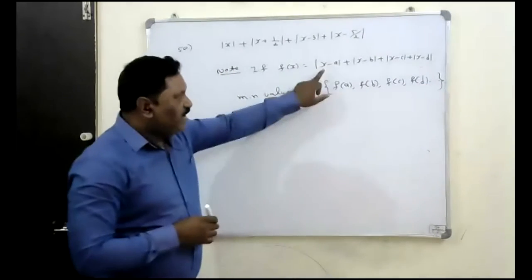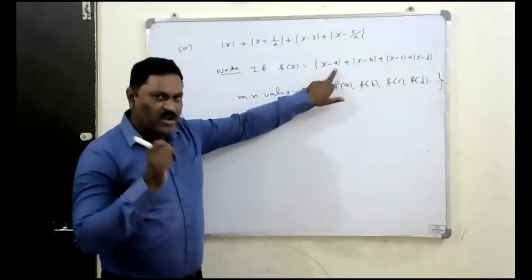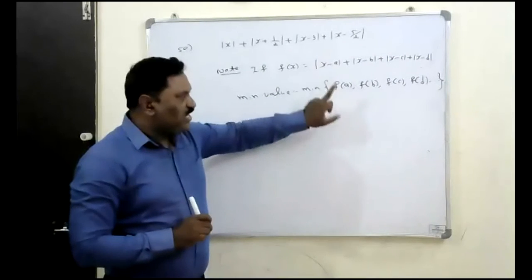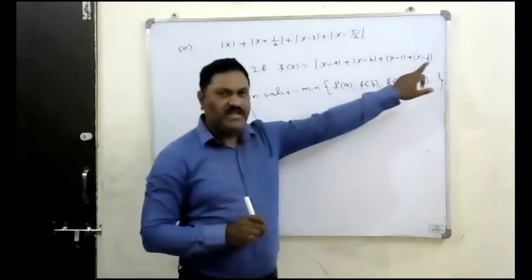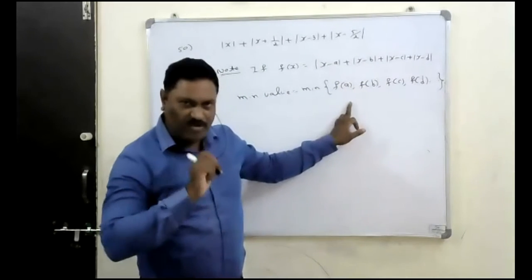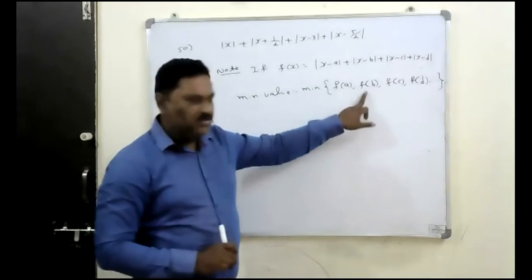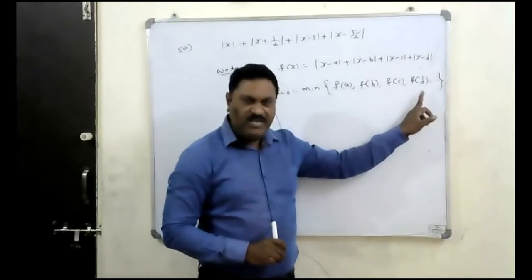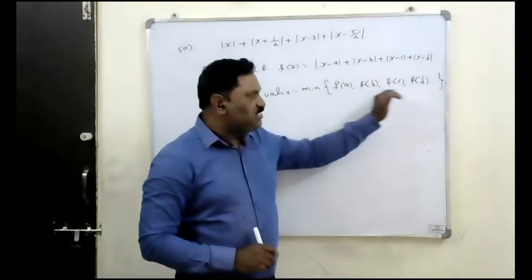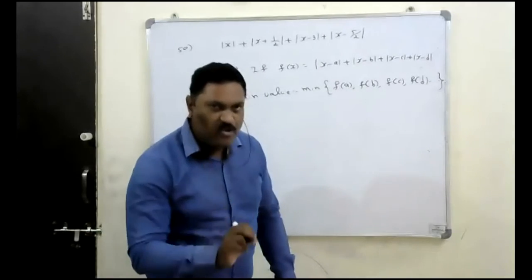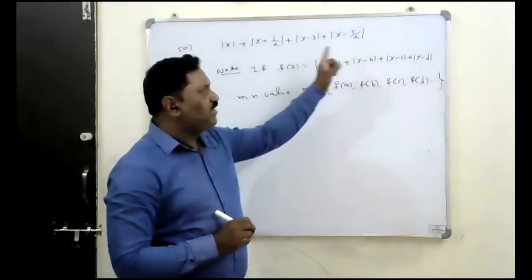First identify the value when x minus a is 0, keep that x equal to a in the entire expression. Whatever value we get is f of a. Similarly, substitute x equal to b, then find f of b, f of c, f of d, etc. Out of all these values, whatever the minimum is will be the minimum value of that expression.